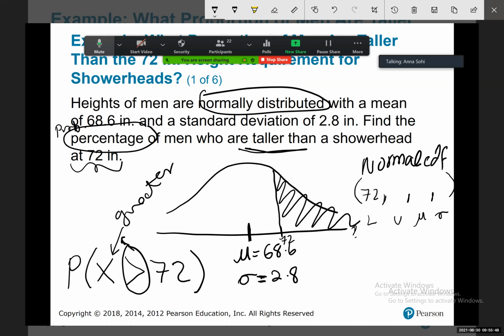Upper is unknown, so I go 9999 or 10,000, a large number. Mu is 68.6, and sigma, the last one, is 2.8. You just put that into your calculator and that gives you the probability.